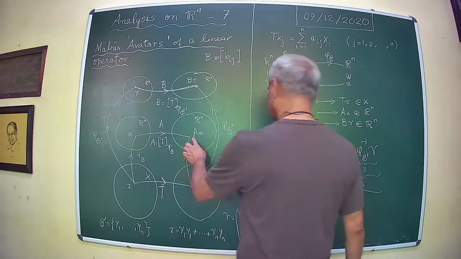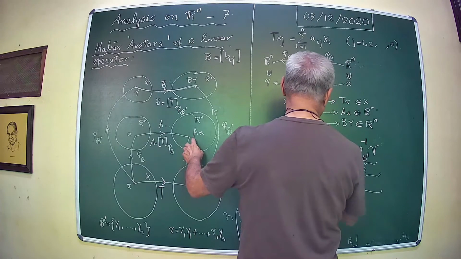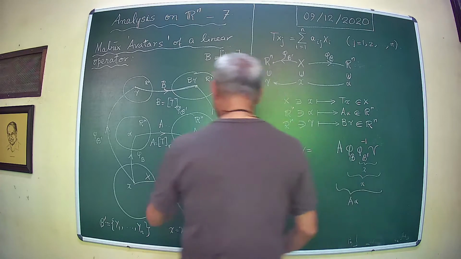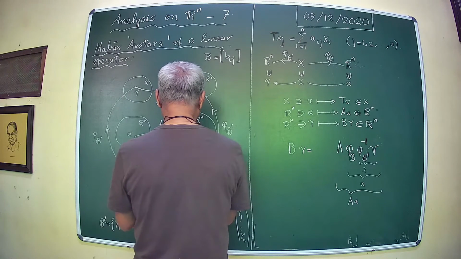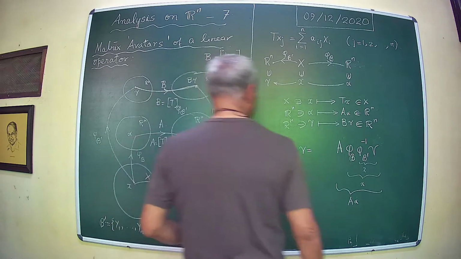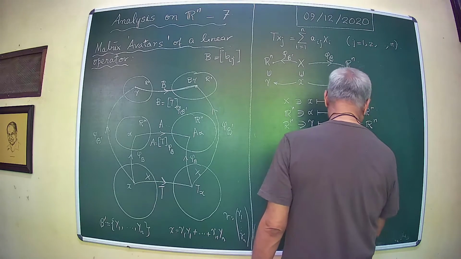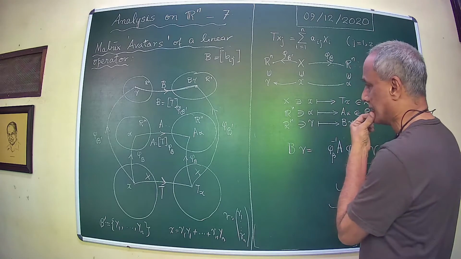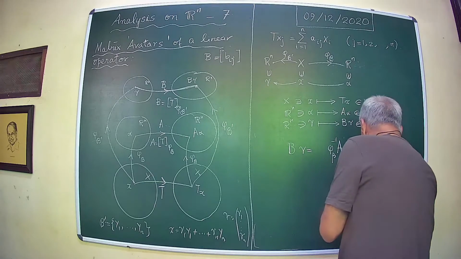From A alpha, I apply phi b prime inverse. What do I reach? I reach here at Tx.